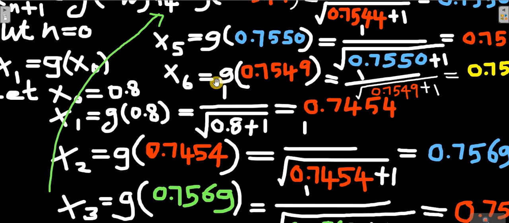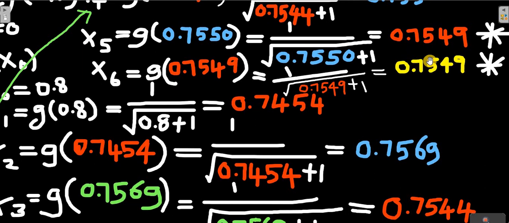Okay, so g of 0.7549 is equal to 1 divided by square root of 0.7549 plus 1. அப்படின்னா again the same value is coming here, so for x5 also 0.7549, x6 also 0.7549.